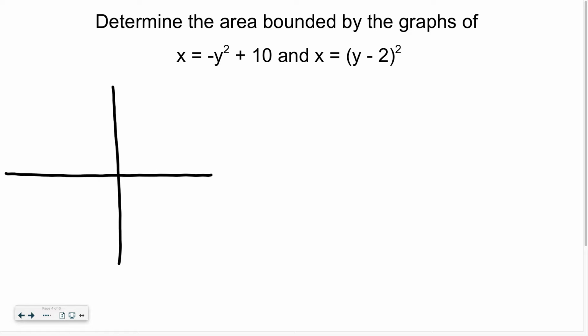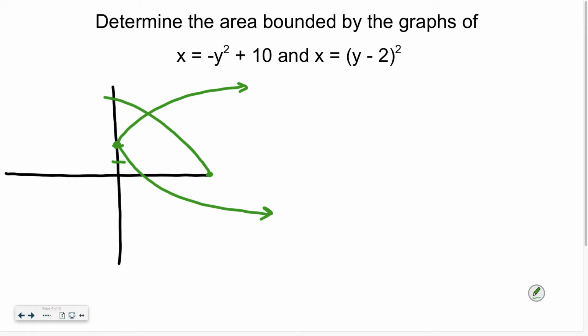But since we've switched our variables, it's going to be a shift up. And this is going to be flipped, so it's going to open left instead of right. If this were y equals x squared plus 10, we would move it up 10, right? So since we're switching x and y, it's total inversion.